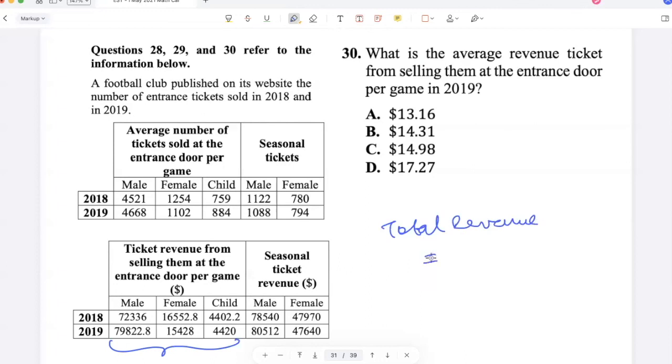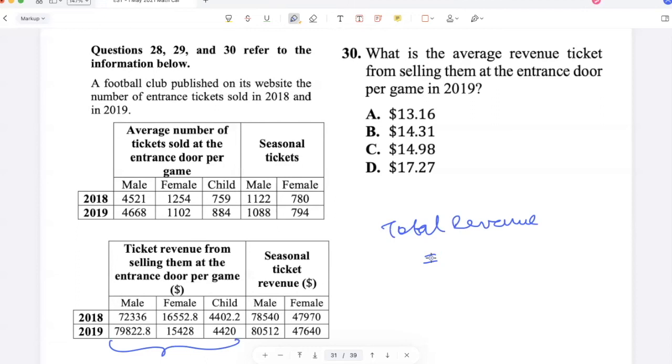So total revenue would be 79822.8 plus 15428 plus 4420.